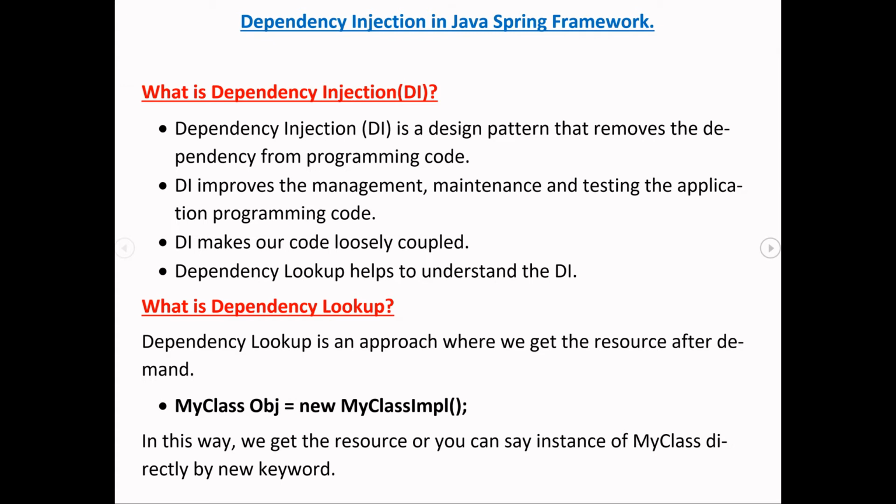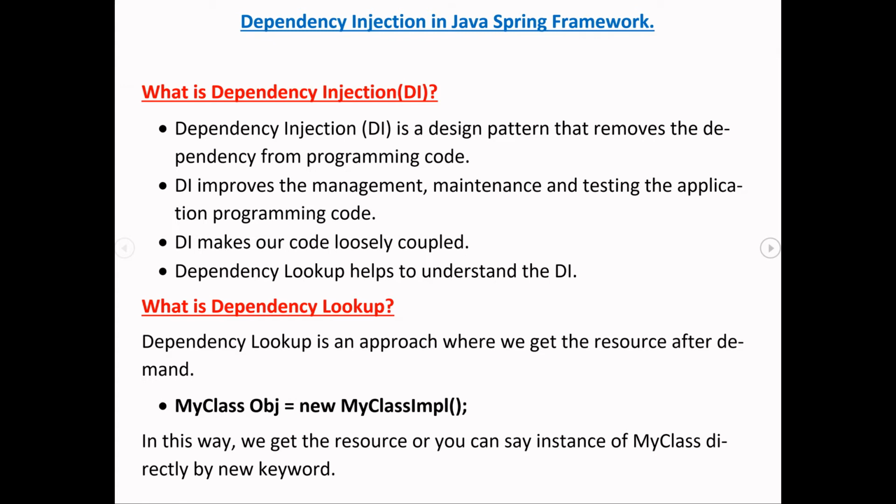So the first question in your mind may be, what exactly is dependency injection? Dependency injection is a design pattern that removes the dependency from the programming code. We also say DI for short, where D is dependency and I is injection.